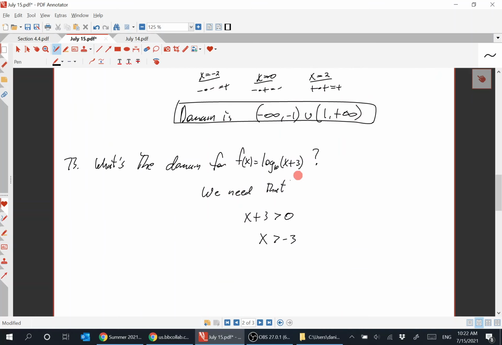With linear polynomials, however, you don't have to do that. So x bigger than -3. So here's -3. The x is bigger than that. So -3 to plus infinity.